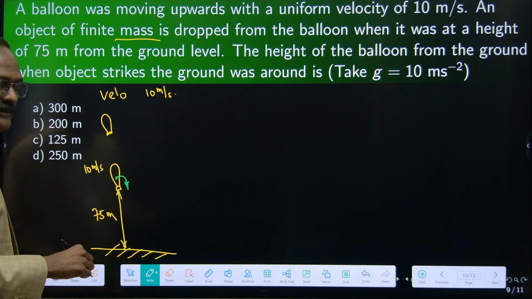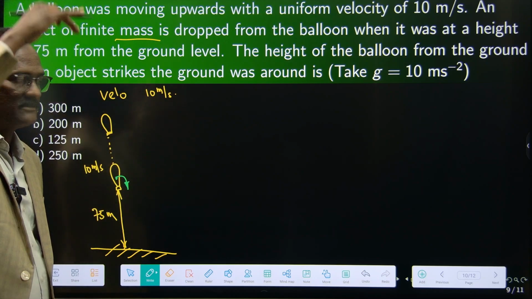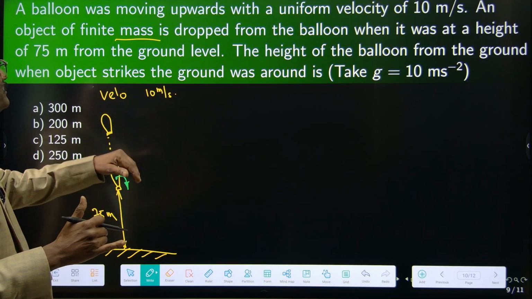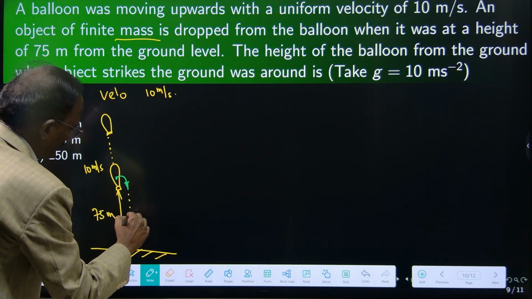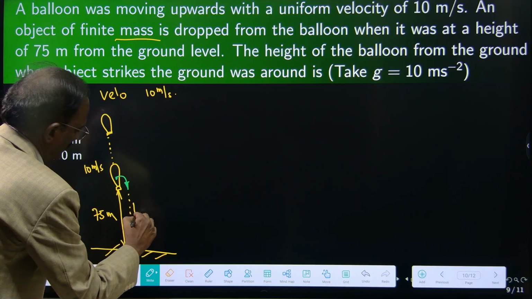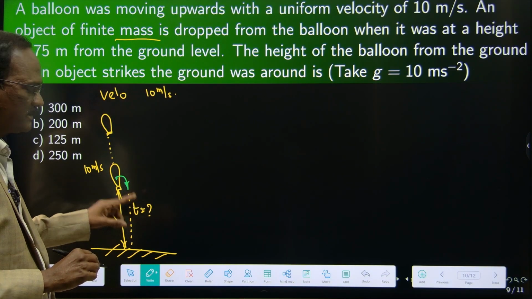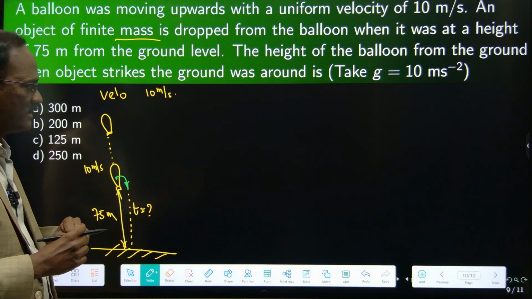Only the object is coming down, but the balloon continues its travel in the air. The object is taking some time to reach the ground, t. It may be 3 seconds or 5 seconds, some value it is taking.